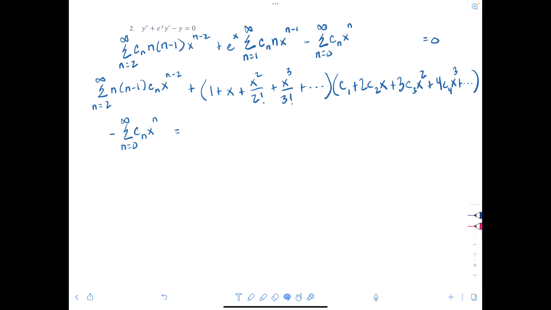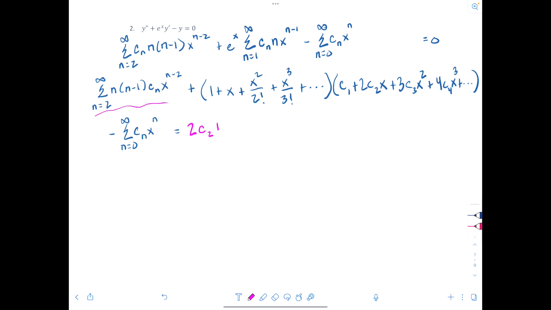So we started n as 2, and then we're going to have 2 times 1 c2 x to the 0. So we'll have 2c2. Good so far?